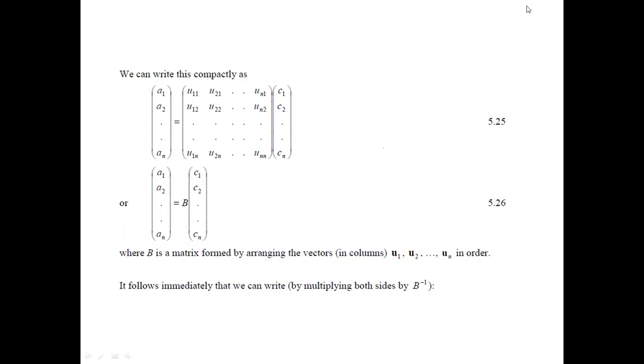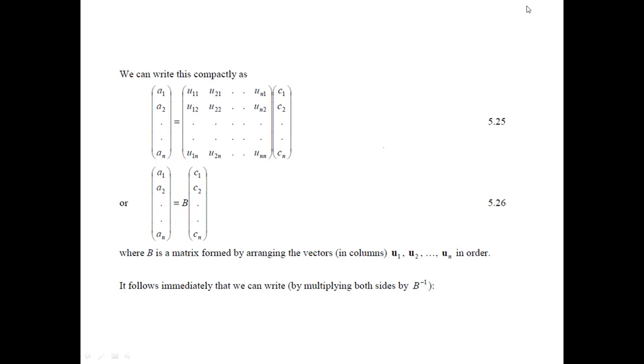U11, U12 should have been horizontally arranged, but in this case, it is not so because vectors are arranged vertically. So that means you can write A1, A2 up to AN as B, C1, C2 up to CN, where B is the matrix shown in equation 525, which is formed from the vectors U1, U2 up to UN arranged vertically.